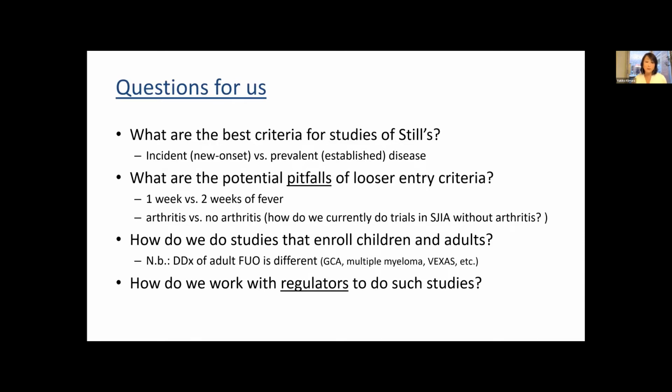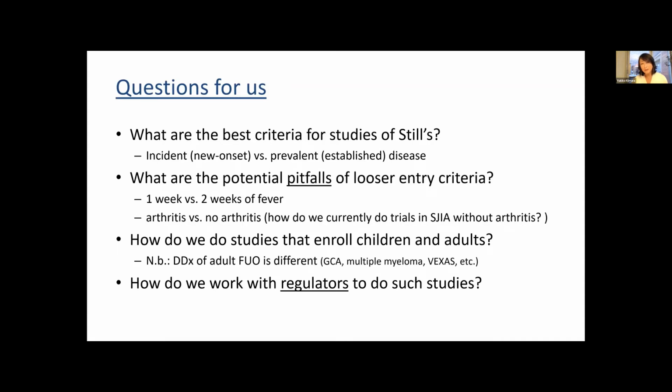But that does pose difficulties using that criteria, or any criteria for that matter, that includes arthritis as a diagnostic criterion or an entry criteria for clinical trials.